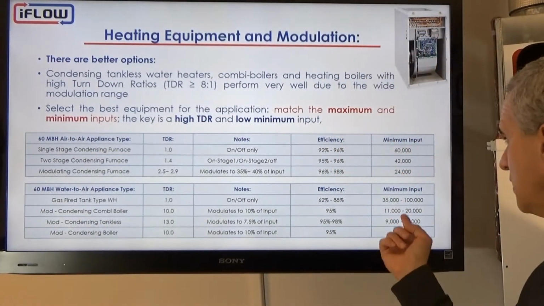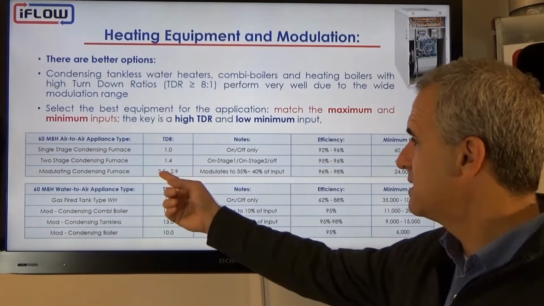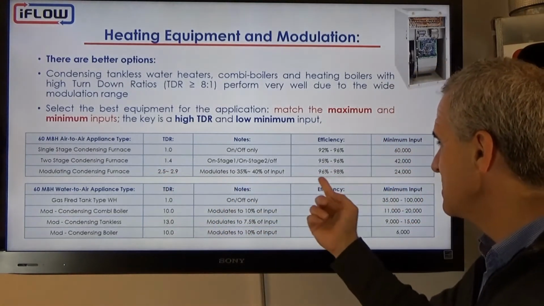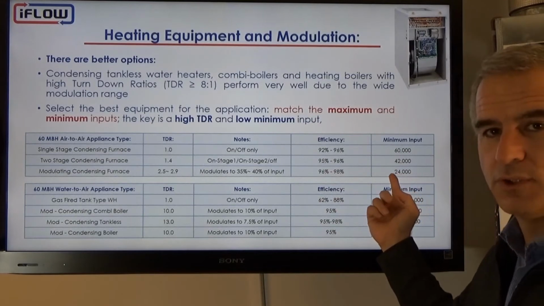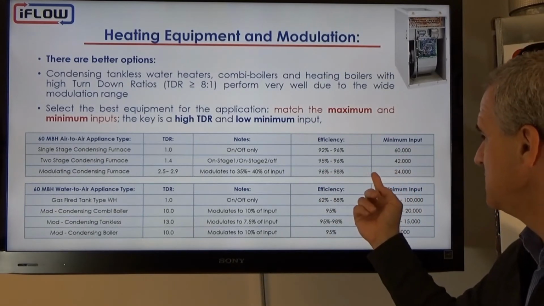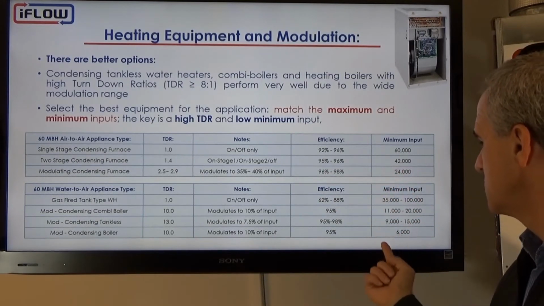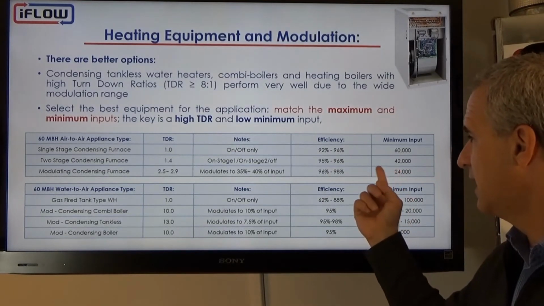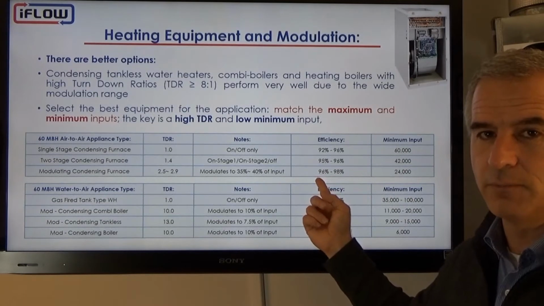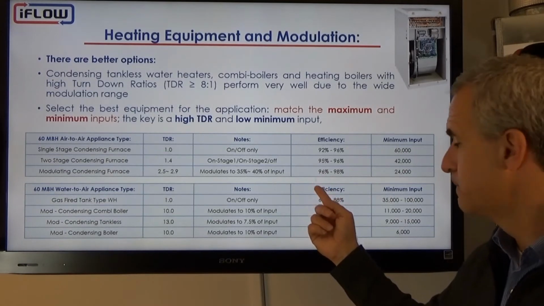Much better than running at even the best modulating furnace that has a stated AFUE of 96 but can't go below 24,000 BTUs. If this furnace was tried to run at 6,000 BTUs, it would be cycling all day long, and the efficiency definitely wouldn't be 96 to 98.